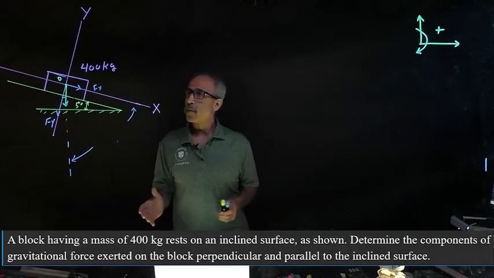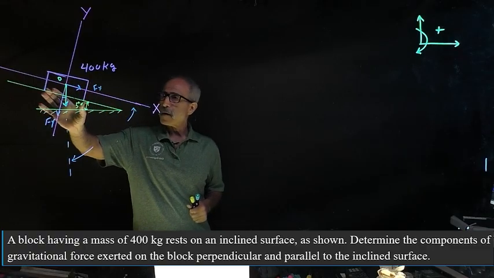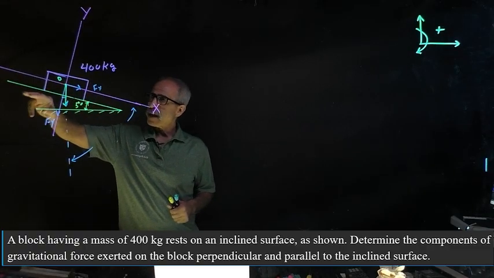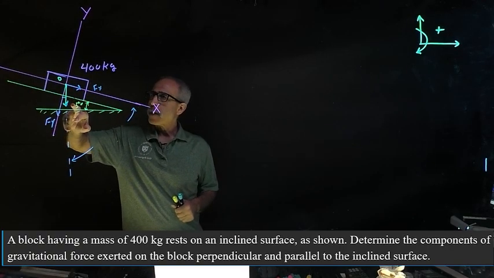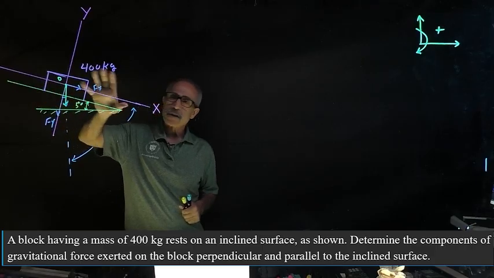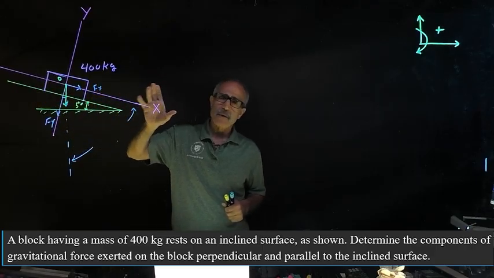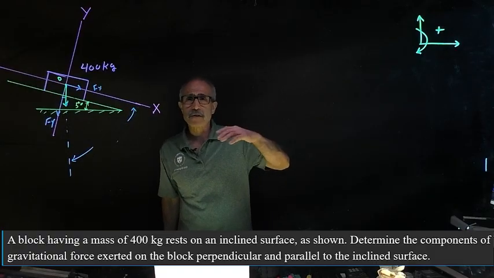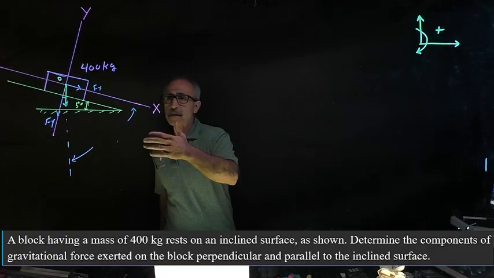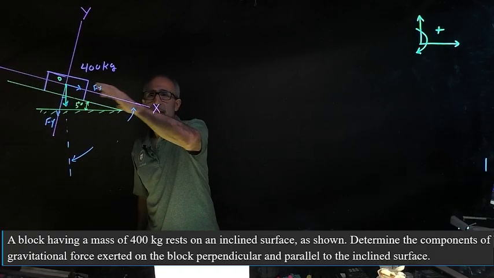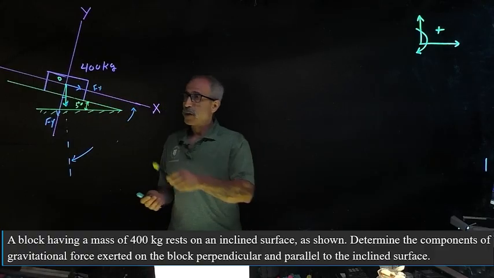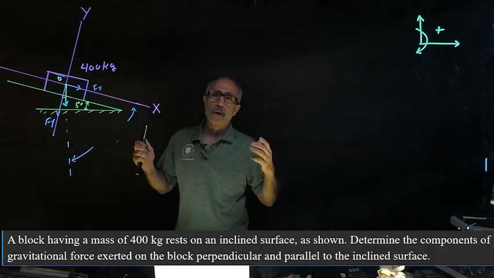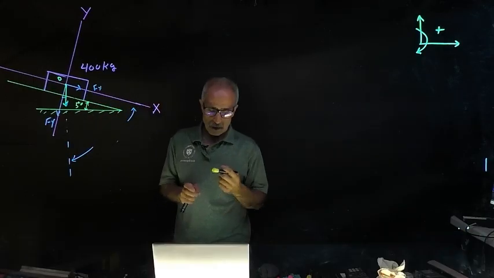Okay, so we have the block. It's on an inclined ground of 5%, and it's 400 kilograms. Because it's an SI system, we've got to remember what we talked about with force. Force in the imperial system is pound, in the SI system it is Newton, but the weight in the SI system is kilogram, so we've got to convert this weight to a force.